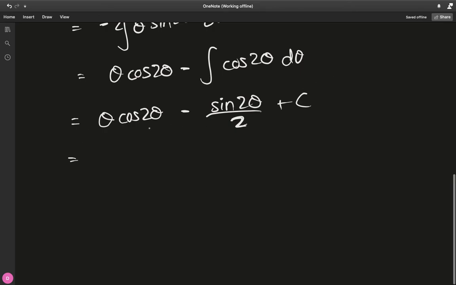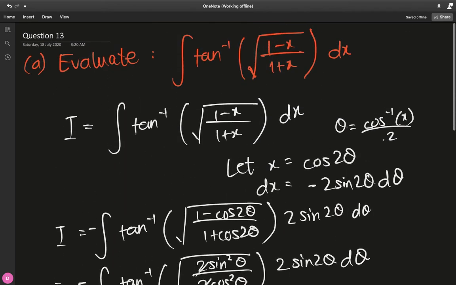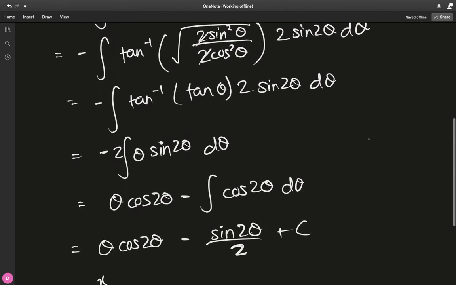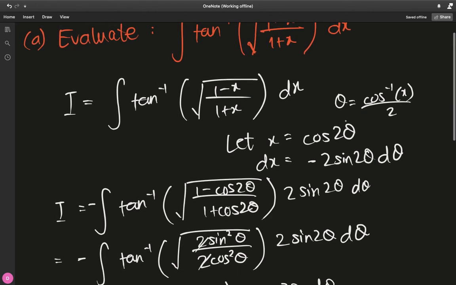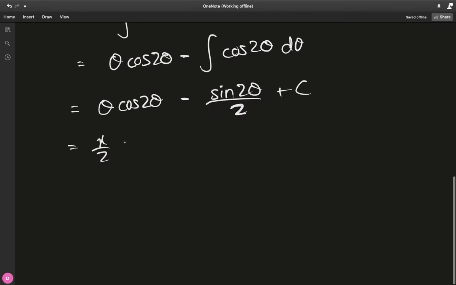So we have cosine 2 theta is, if I'm not wrong, just a regular x, and this 2 is x over 2 times cosine inverse of x minus square root of 1 minus x squared over 2 plus c. That's what it turns out to be.